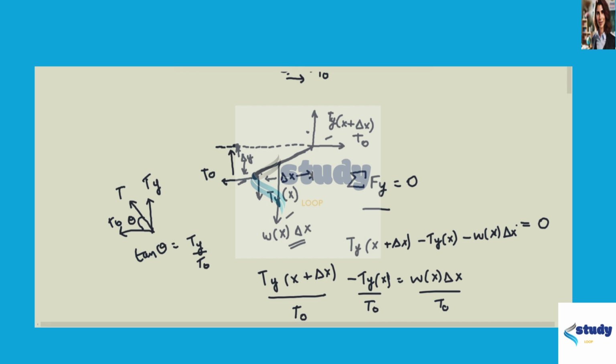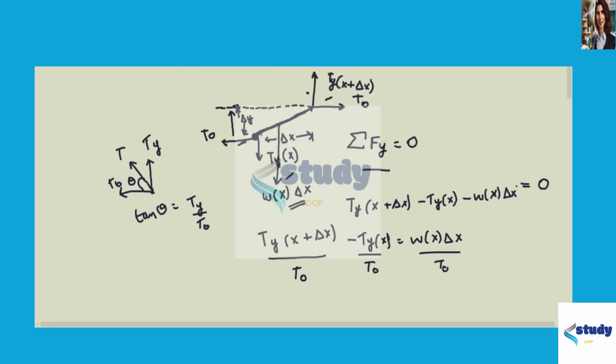And this tangent of theta is nothing but the slope of this cable. And slope can be given by the rate of change of y with respect to x, which is equal to Ty over T naught.